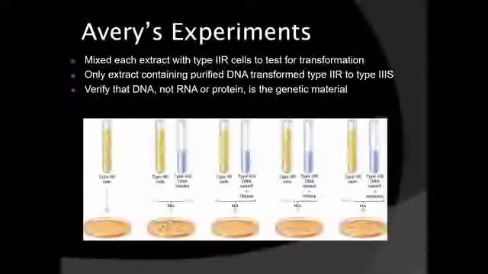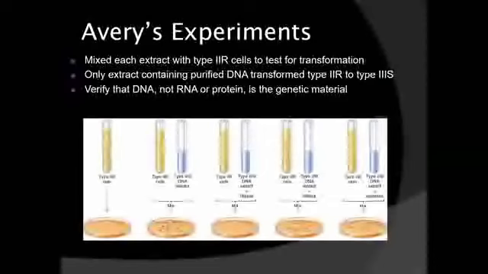But he tried to degrade each biomolecule separately by using specific degrading enzymes. He mixed each extract with type 2 rough cells to test for transformation, and the only extract that contained DNA was transformed into smooth strains.